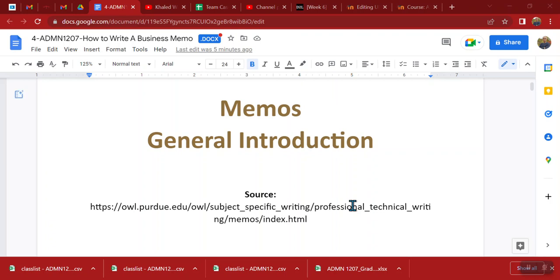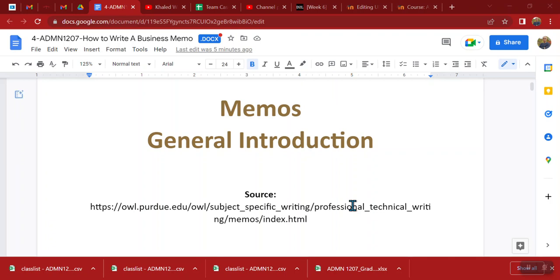Maybe if you have worked in companies before, there were always communication documents among different employees, from team members to their supervisors. Usually, a supervisor will ask a team member to send them a memo if they request something.